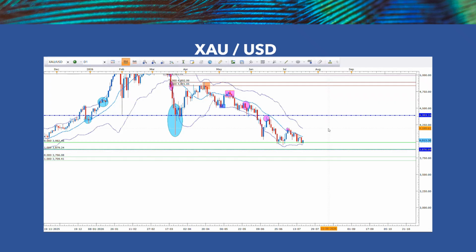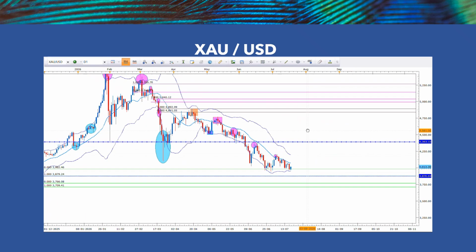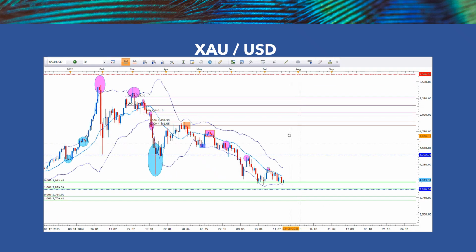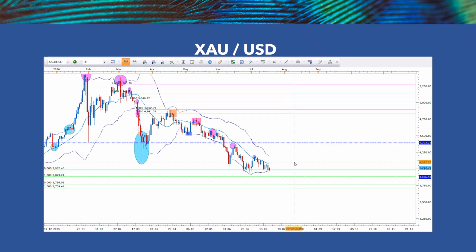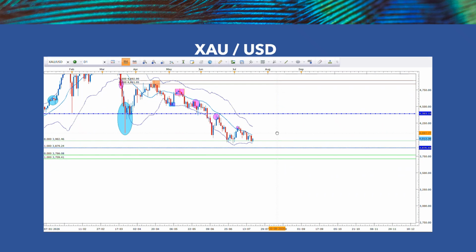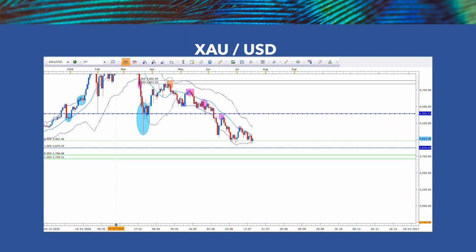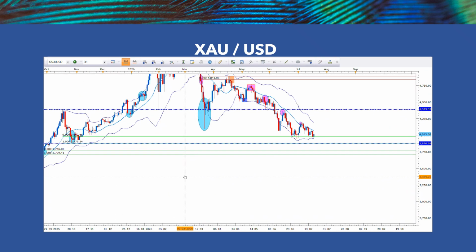The chart on our screen is that of XAU/USD, and it is the gold based ETF. We're looking at the daily chart. Gold continues to remain bearish, printing lower highs after lower highs, and the downtrend is currently facing a lot of obstacle at 4,000.